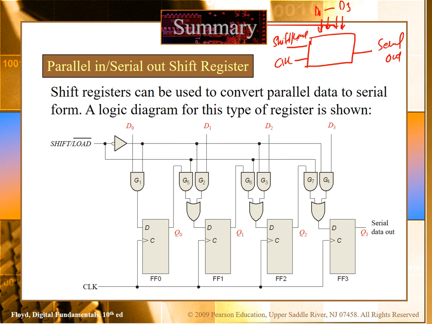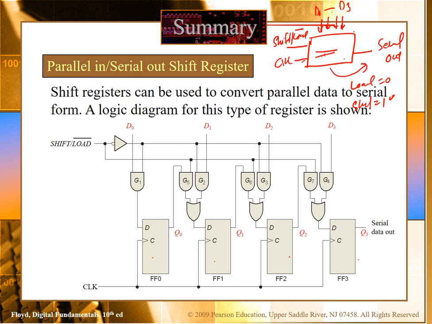The load signal is active low. So when the load signal is low, for example 0, the input data will be loaded to these flip-flops. Then when the shift signal is 1, at the edges of the clock, the loaded data will be shifted towards the output side.